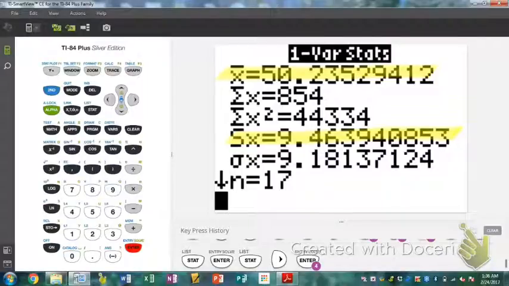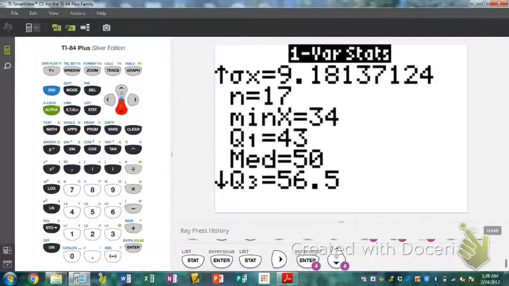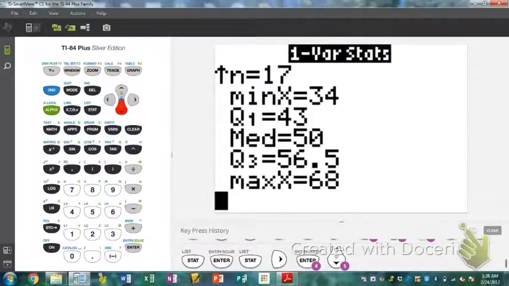Some of the other numbers we need, I need to press down for. So I'm going to scroll down, and I have more numbers down there. I told you they were labeled as Q1. Let me highlight these here. Q1, that's my lower quartile. You're welcome to label it as Q1. You don't have to write lower quartile.